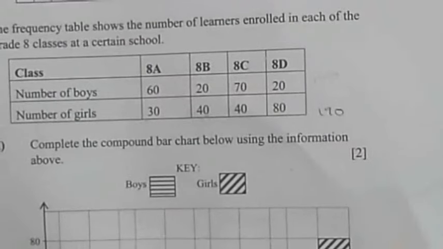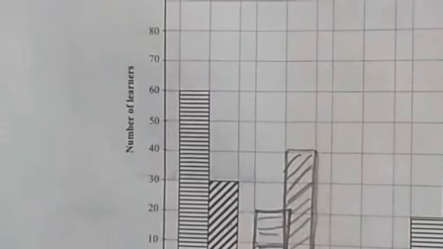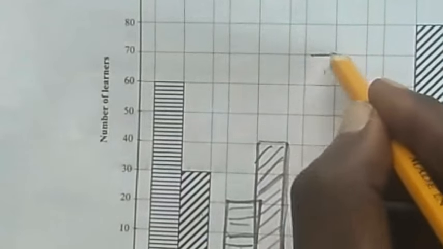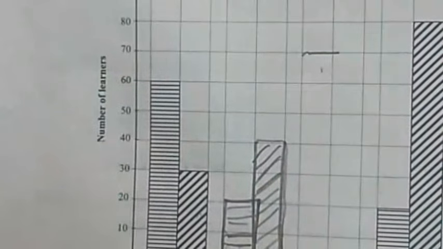Okay, then let's come to 8C. We need also to complete 8C. In 8C, we are told boys were 70, so I'm going to look for 70 here. We need just to be careful and make sure this is the column for boys, and we're told they are 70. So the 70 line is here. Okay, so we can draw lines.